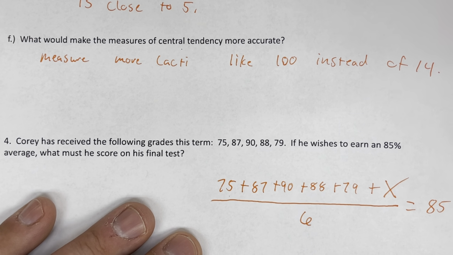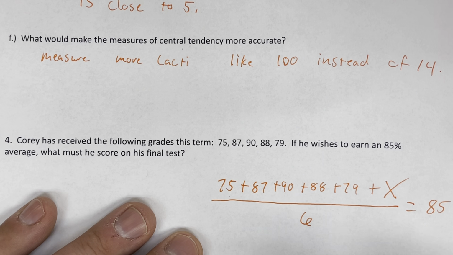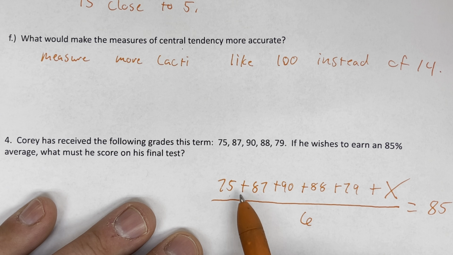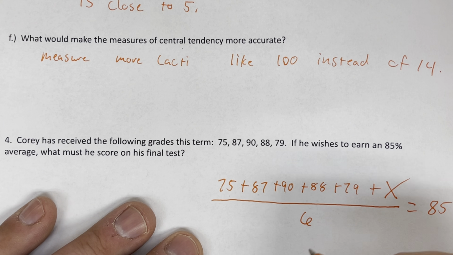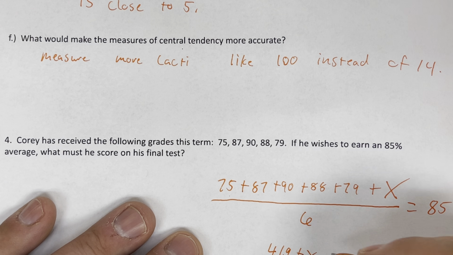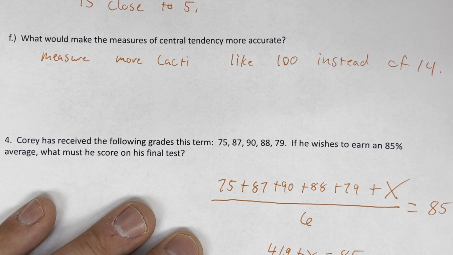So for me to solve this, I would start by combining our like terms. 1, 2, 3, 4, 5 of them get added up. And when you add these 5 up, you get 419 over 6. And notice I have this 6 here. So I need to multiply both sides by 6, kind of like a proportion.